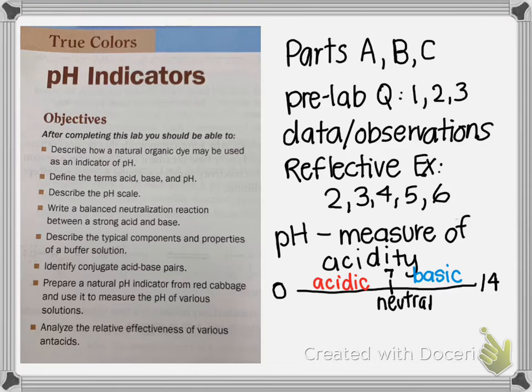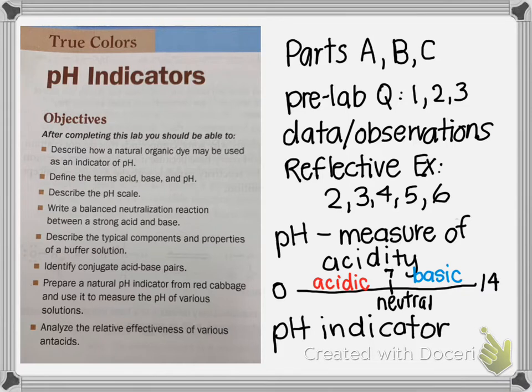And we'll be doing that by comparing the color of our solutions when they have an indicator in them to an indicator scale. And what a pH indicator is, it's a chemical that changes colors depending on the acidity. And we're going to be using a natural indicator that comes from the red cabbage.